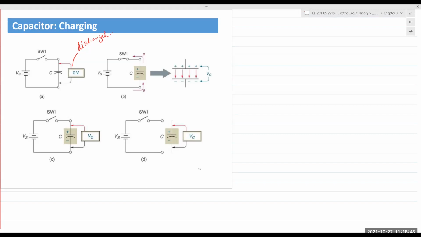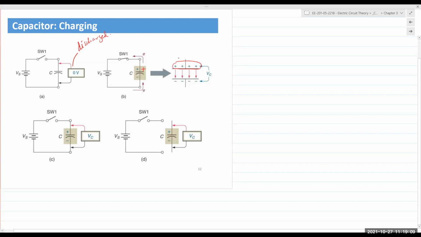But the electrons on the top plate are attracted by the positive terminal of Vs. When the electrons move away from the plate, they leave a positive charge behind. So there is a buildup of positive charges on the top plate.